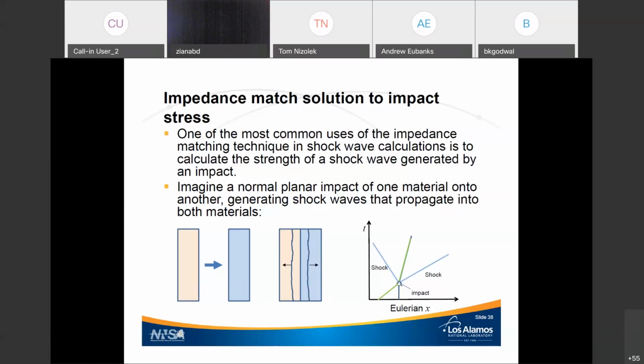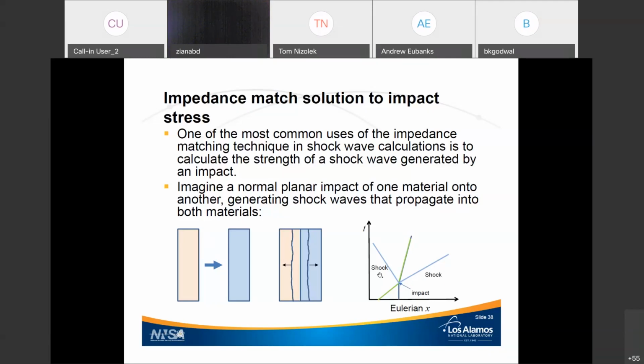At impact, you generate shock waves going both directions, and you have the interface between these two moving off at a velocity equal to the particle velocity in the target that was imparted by this shock wave.